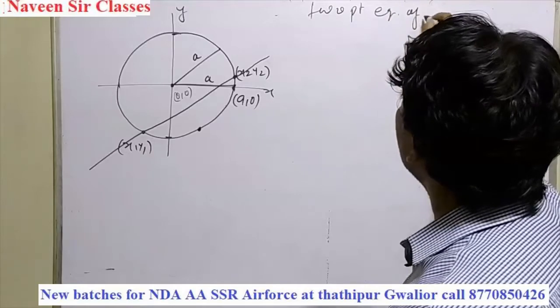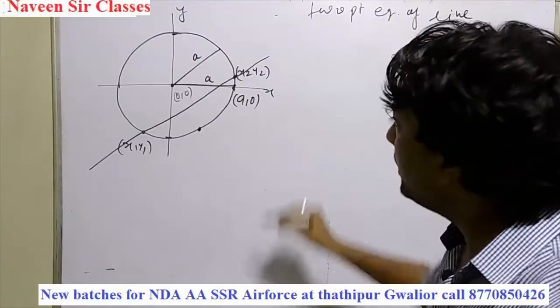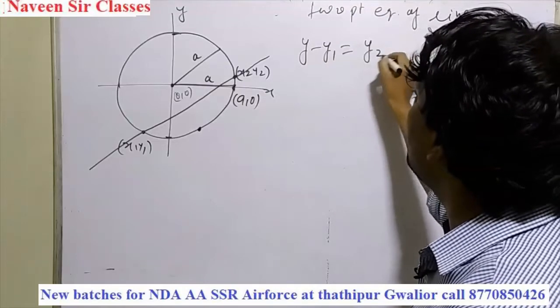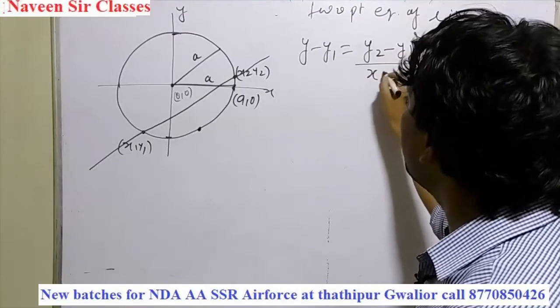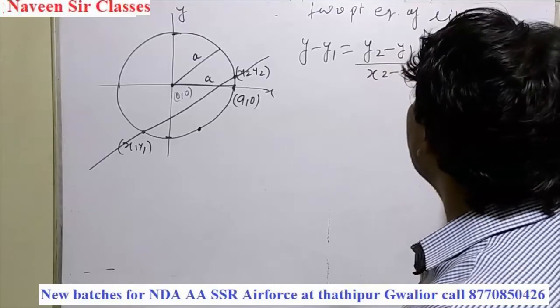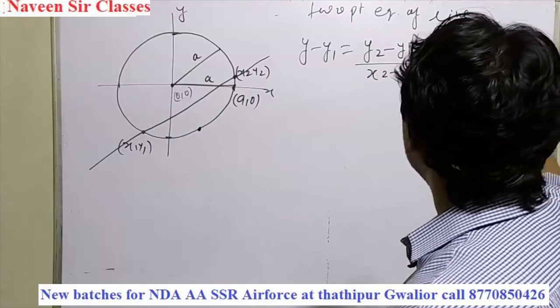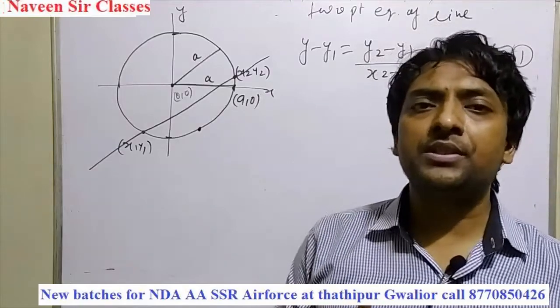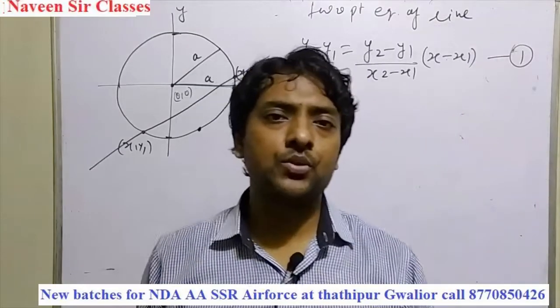The 2-point equation of a line would be y minus y1 equal to (y2 minus y1) upon (x2 minus x1) times (x minus x1). Let's suppose this is equation number 1. It is the equation of a line passing through 2 points x1 y1 and x2 y2.